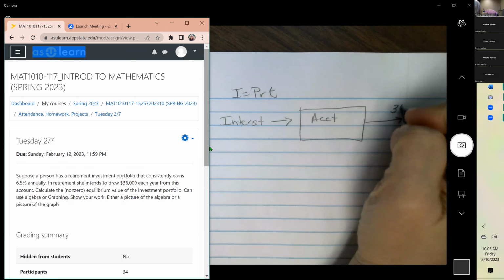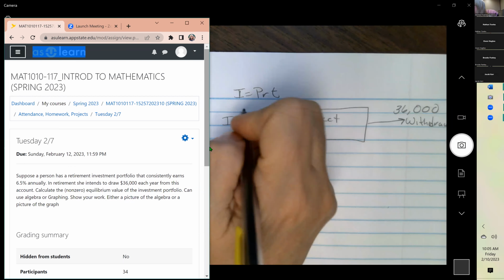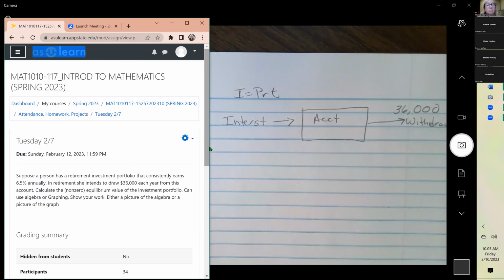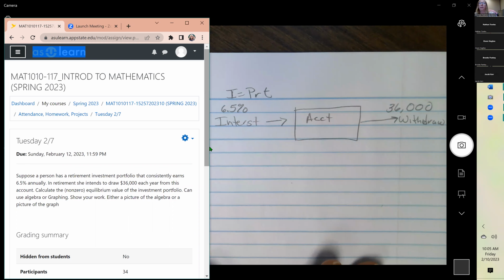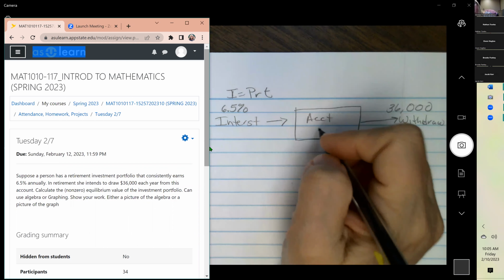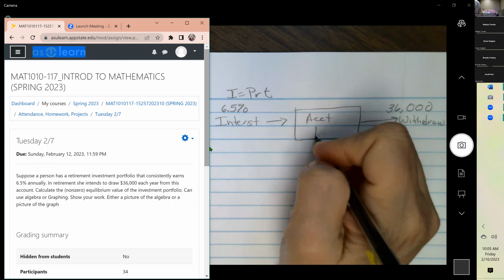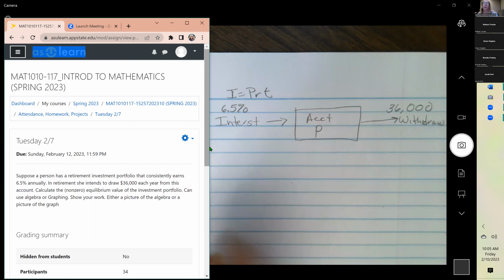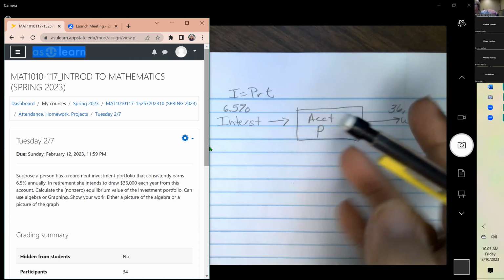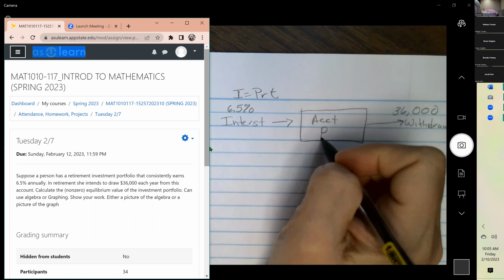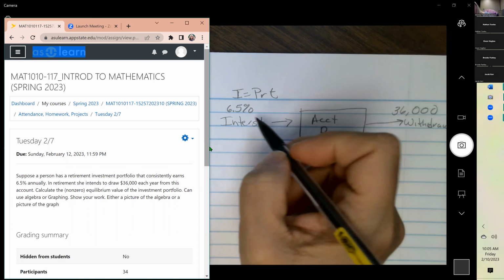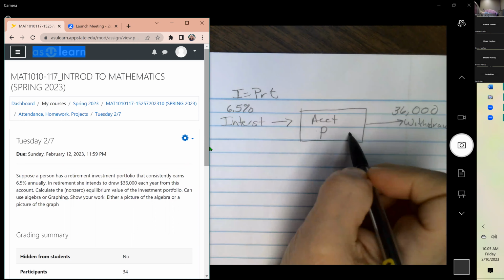Going in is the interest, which was 6.5%. It's 6.5% of whatever's in here, which usually they use a capital P for principal, but you could use any variable you want. In fact, we could use an X. This is the amount in the account at any time. So we want what's going in to equal what's going out.